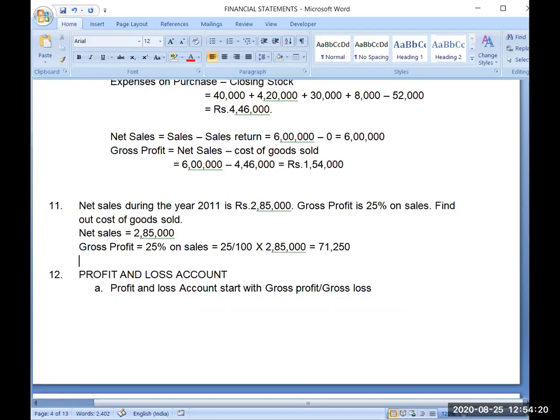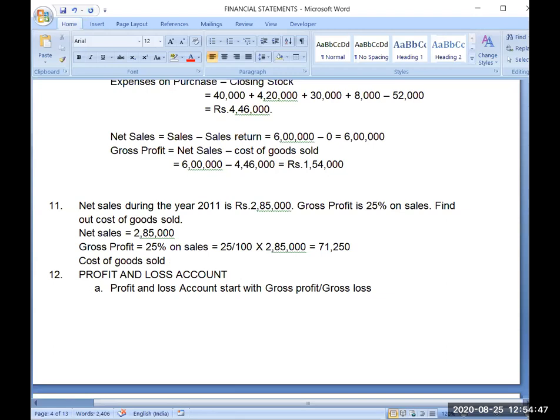So gross profit, you know, net sales, you know, the question is asking you cost of goods sold. If any calculation is not clear, let me know that. But you have to make it fast. 25 upon 100 means 1 upon 4. Now you are facing some difficulty in dividing 2,85,000 by 4. Then how you will divide it?